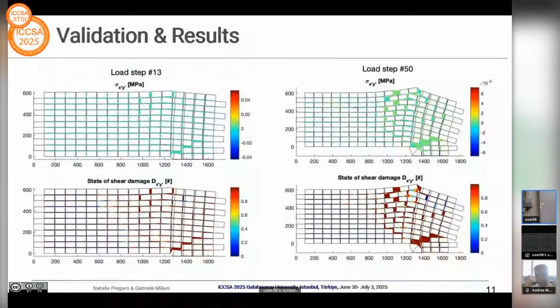Then sometimes we have a joint, which is modeled within the theoretical framework that I have explained to you, and sometimes it is only characterized by two four-noded elements. Very simple. But these colors that we see on the interfaces are exactly the distribution of the stresses over the interface. Yeah, exactly.